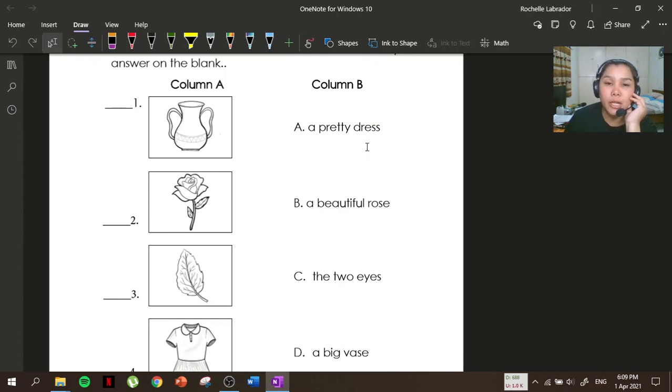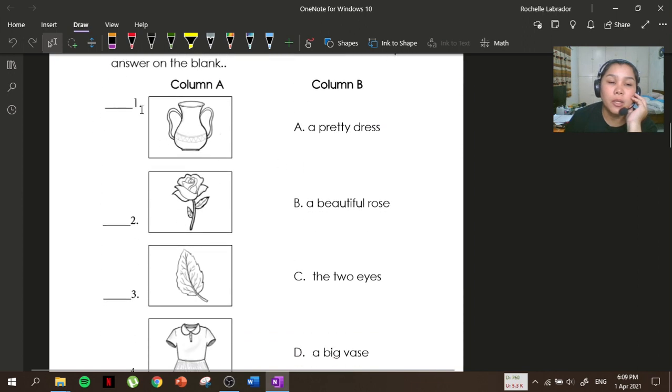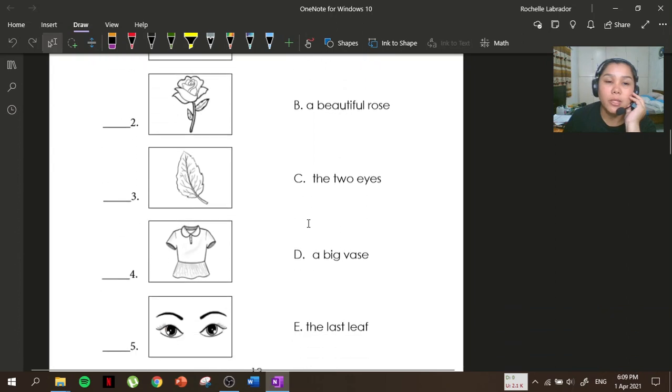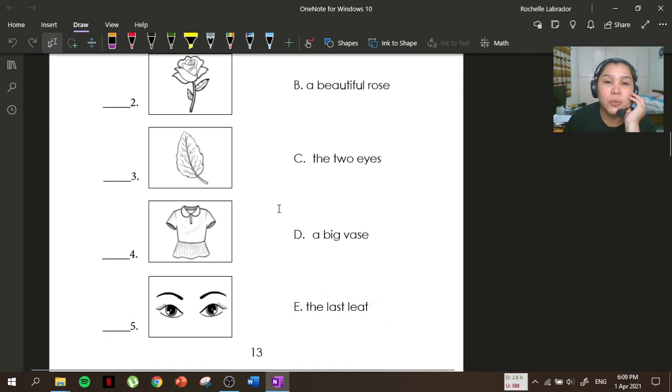Where are you going to put A from the blanks in numbers 1 to 5? Letter B, a beautiful rose. Which one here is a picture that will fit the phrase or non-sentence, a beautiful rose? Letter C, the two eyes.